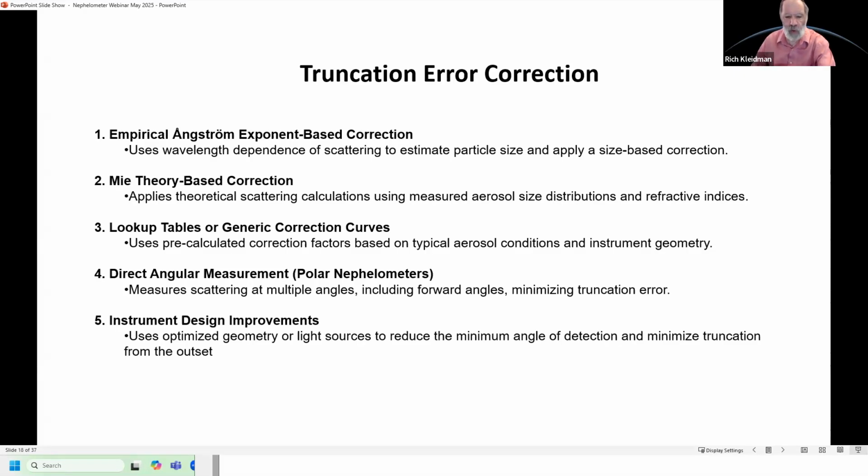The advantage of having a Mie theory-based correction, or how we do it using our GRASP inversion, is that we can actually fit the data, derive the truncation error correction for the particular instrument and the particular data set.